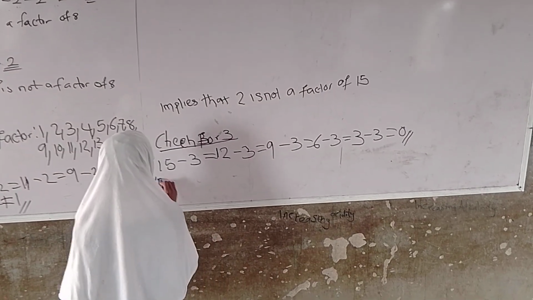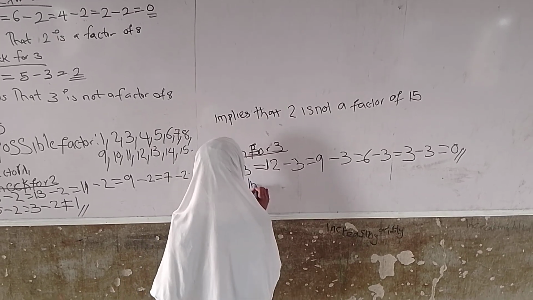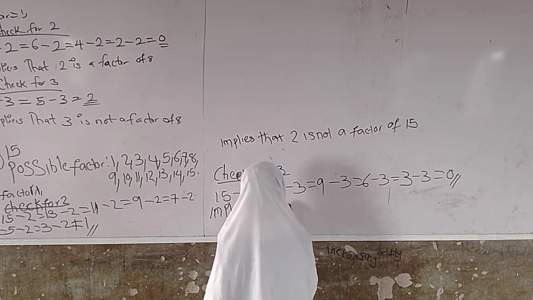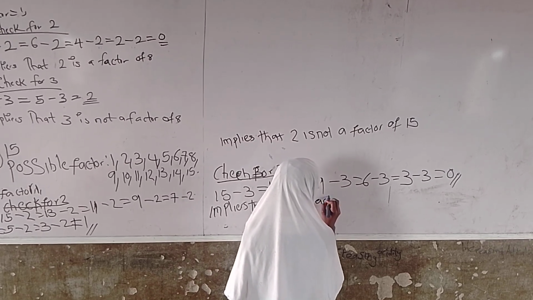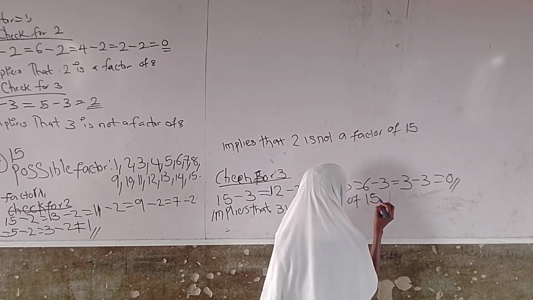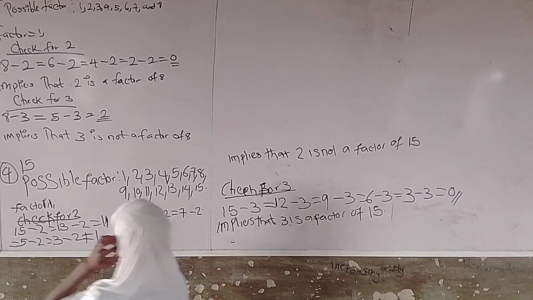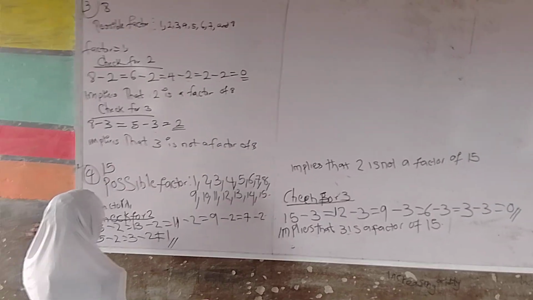This implies that 3 is a factor of 15. So this is how we can identify a factor of another number.